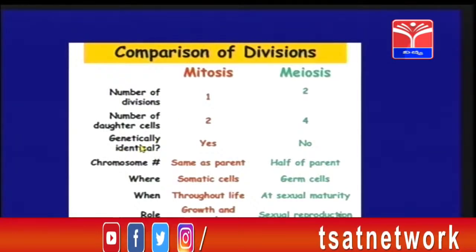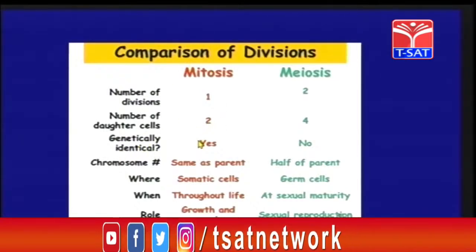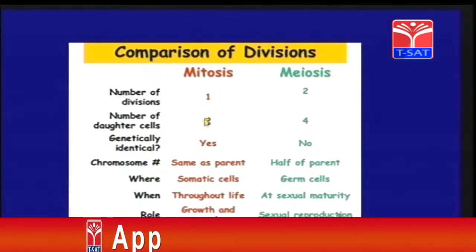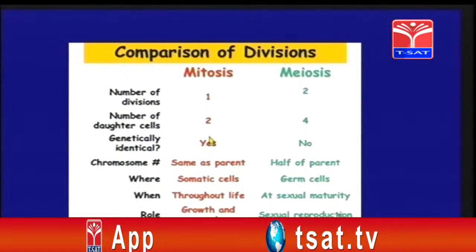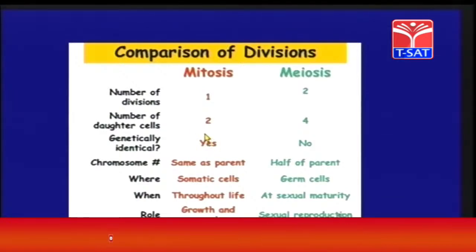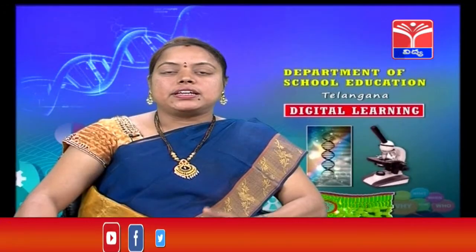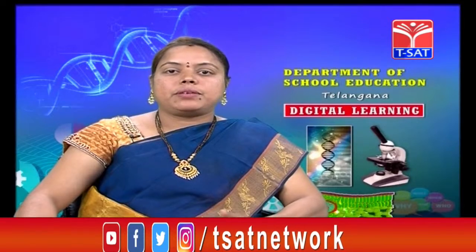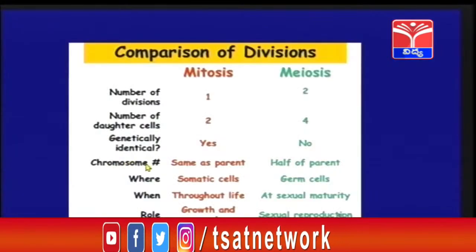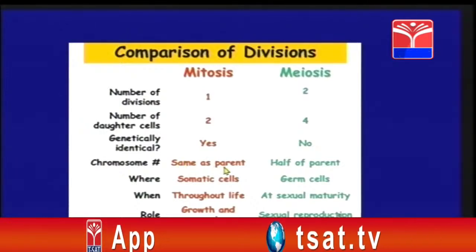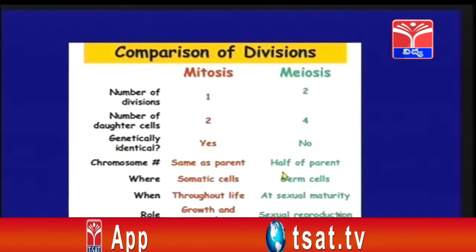In mitosis, the cells are genetically identical; you can take the example of amoeba. The daughter cell formed is the exact copy of the parent cell, but in human beings, the children are not the exact copy of the parents because there will be variations. The chromosome number in mitosis is the same as that present in the parent, whereas in meiosis the chromosome number is half that of the parent.